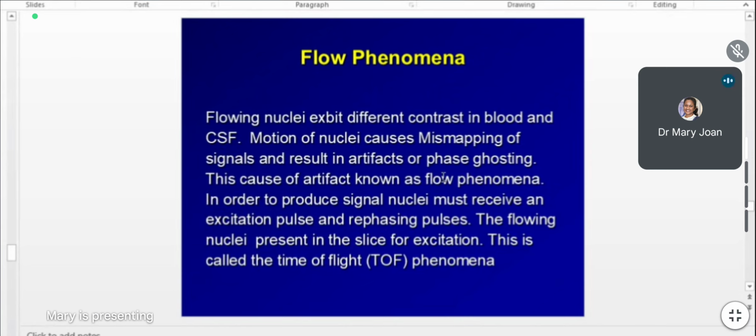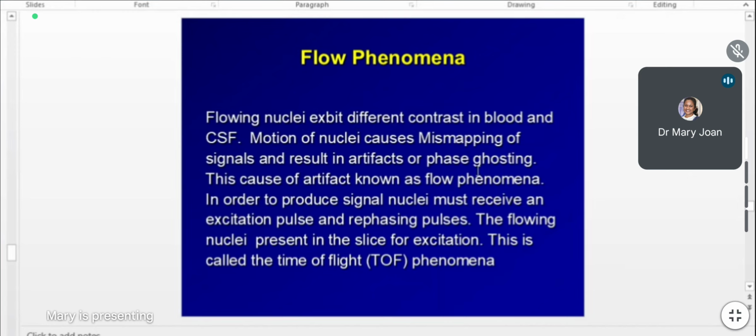And the flow phenomena. Flowing nuclei exhibit different contrast in blood and CSF. So motion of nuclei causes mismapping of signals and results in artifacts or phase ghosting. Here you can see again, when we are studying flowing mediums like blood, the nuclei exhibit different contrast.